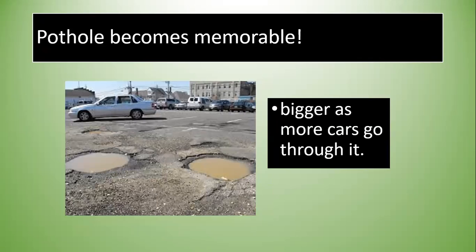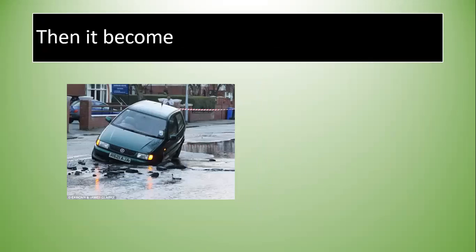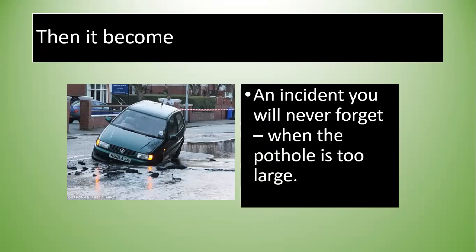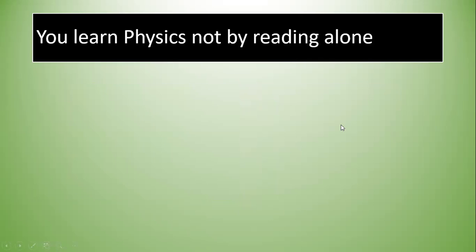It becomes bigger and bigger if cars keep on going over it, different cars going over the same pothole, and then it becomes an incident. The driver of the car will remember for his whole life when the pothole is too large.